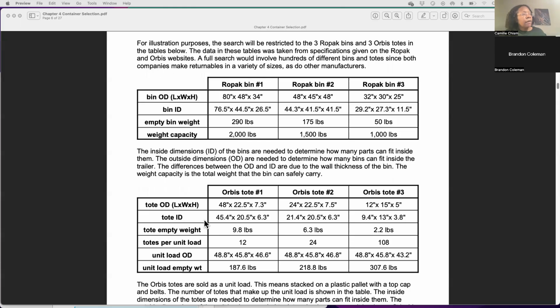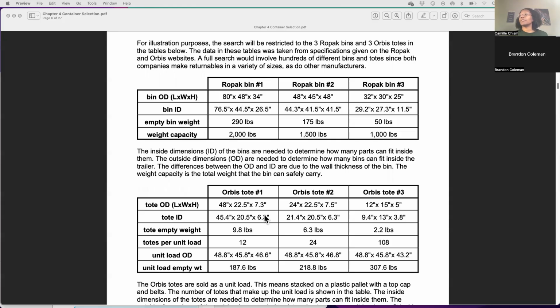The totes are even thicker. You can see that they're thicker. I hope you can see that. They're definitely thicker than corrugated. So it's important to know what those inside dimensions are.